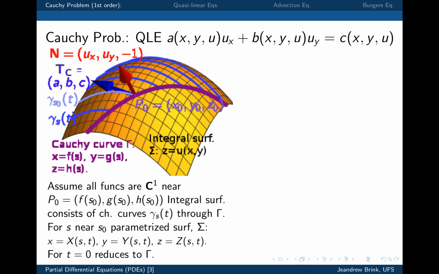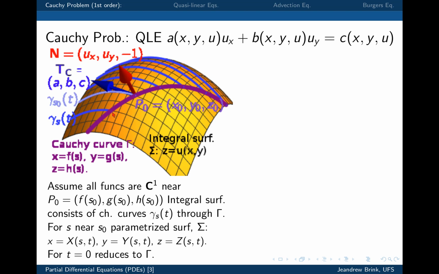At t equals 0, we're choosing this parameterization to reduce to gamma. So at t equals 0, we're on this purple curve. As we move away from this purple curve, t increases.